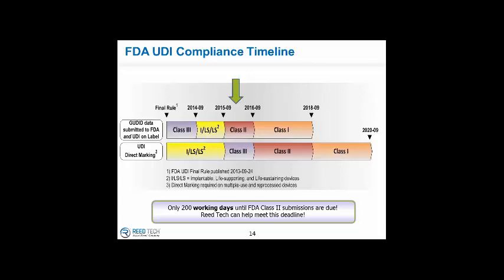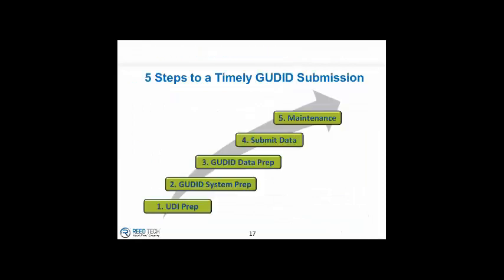Some companies have put together a very durable label and mark their product appropriately to satisfy both UDI requirements, so identifying the product and taking care of the direct marking by using a very durable label itself. So hopefully that answers that question.